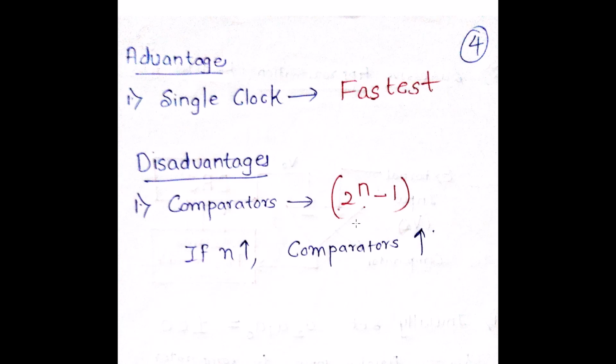Hence, the higher the value of n, the higher will be the requirement of comparators. It will be a very bulky and very costly circuit for a higher value of n. Hence, Flash ADC is the fastest kind of ADC, but it is very costly at the higher end of bit value n. So hope I am very clear.